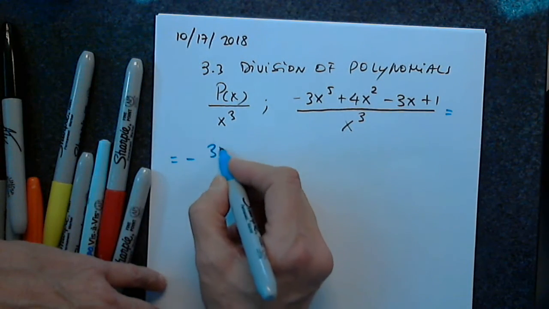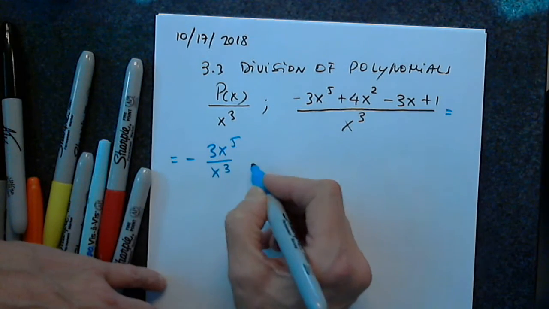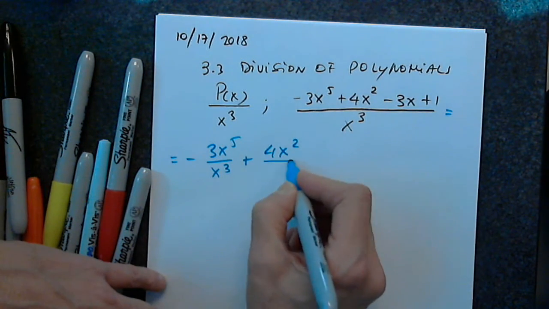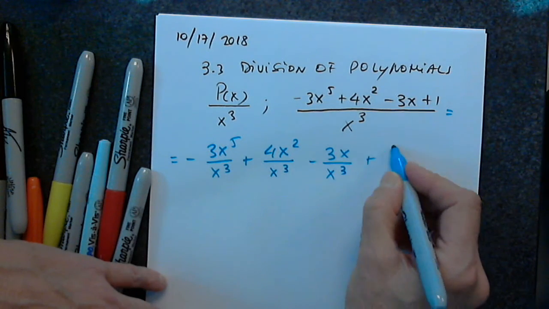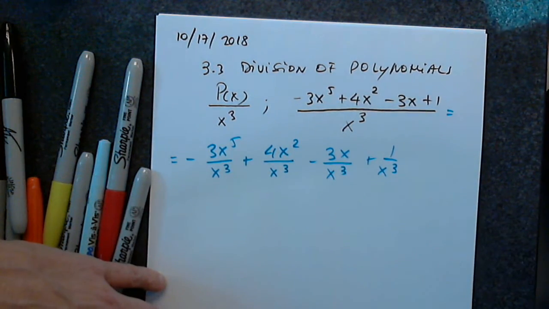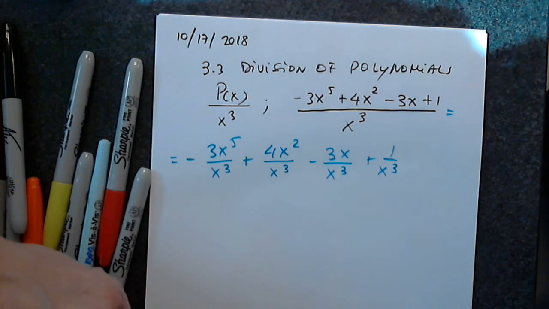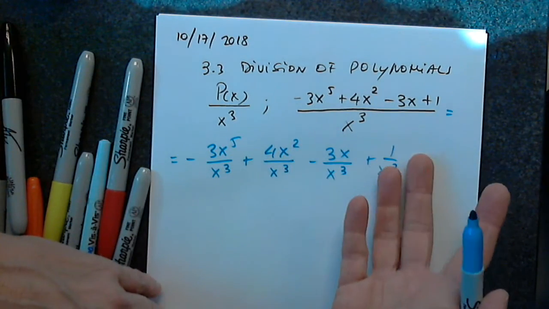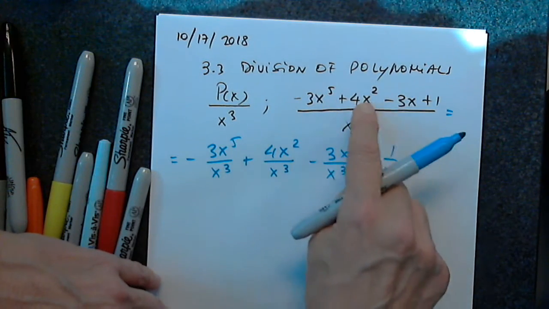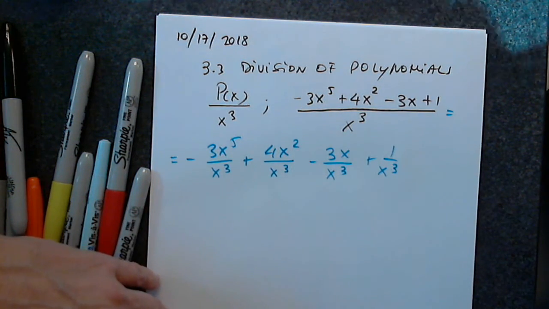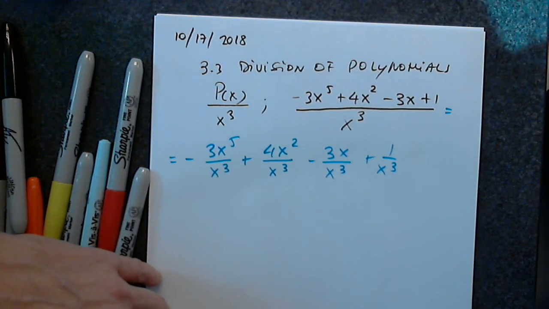So negative 3x to the fifth over x to the third plus 4x squared over x to the third minus 3x over x cubed plus 1 over x cubed. So I split the fraction into, in this case, 4 fractions, depending on the number of terms, right? It's 4 because the number of terms of the polynomial on the top is 4.